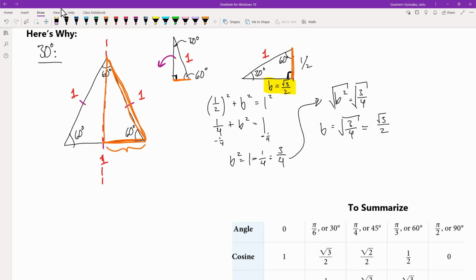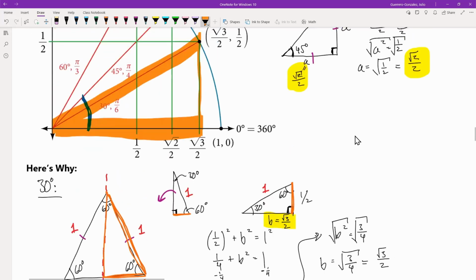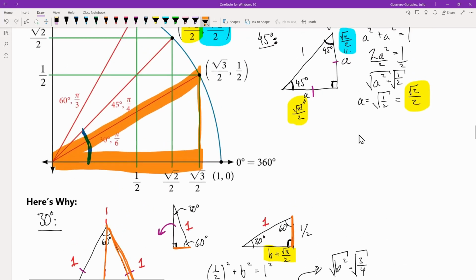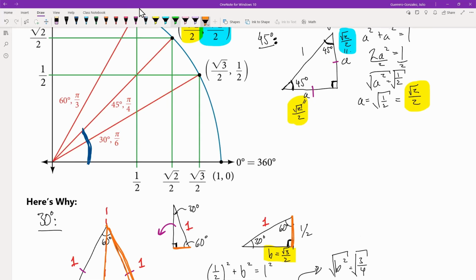Okay, so if you take a look, right, let me scroll up. That is exactly that same triangle, right? So that gives us this. This horizontal distance right here is going to have to be the root 3 over 2, the B that we found, right? And then this vertical distance is going to be our 1/2.